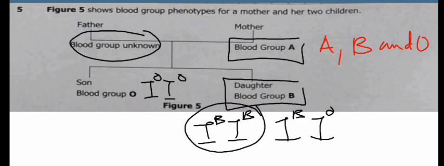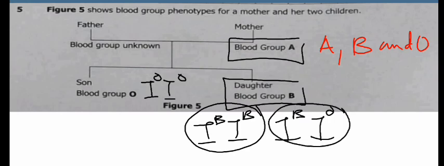So what we are going to do here, we are going to choose blood group B heterozygous, so that we have an O here, which is going to come from the father. Okay? Now, where is this O coming from? It is also coming from the mother, meaning the mother is heterozygous dominant and the father is heterozygous dominant.